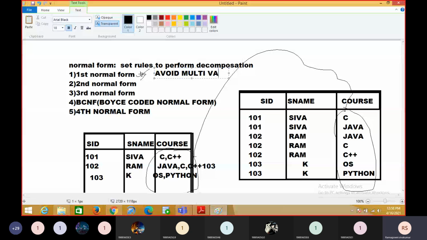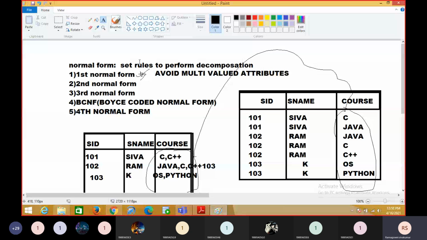These are very, very important. Please try to understand. Okay, so second normal form. In second normal form, what do we need to do? What is the rule for second normal form?